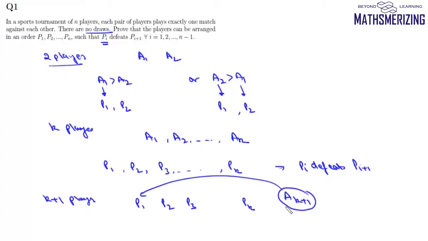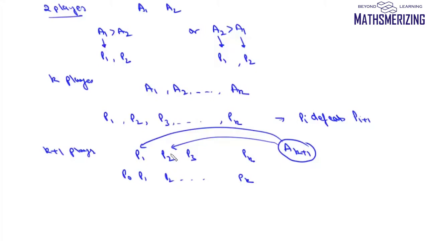If this player wins over P1, we'll write this as P0, P1, P2, ..., Pk. And if P1 wins over AK+1, we'll compare AK+1 with P2. Now if AK+1 wins over P2, then we'll get P1, then this player AK+1, P2, P3, ..., Pk.